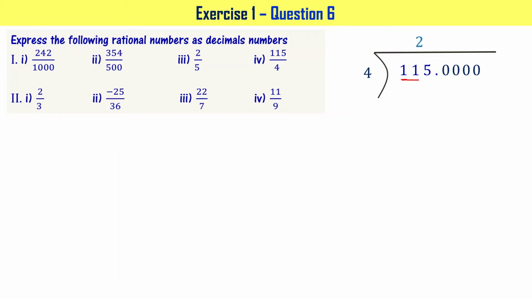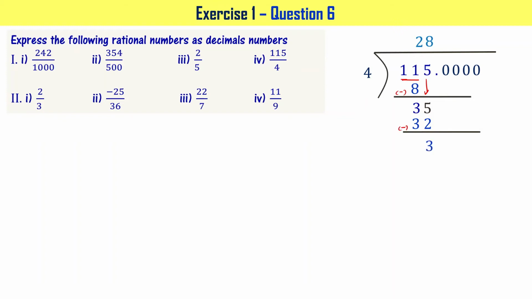So 2 times 4 is 8. Let me subtract 8 from 11. When I do that, I get 3 as the answer. Let me bring down 5 now. When I do that, I have 35, right? Now 8 times 4 is 32. When you subtract 32 from 35, you have 3 as the answer.